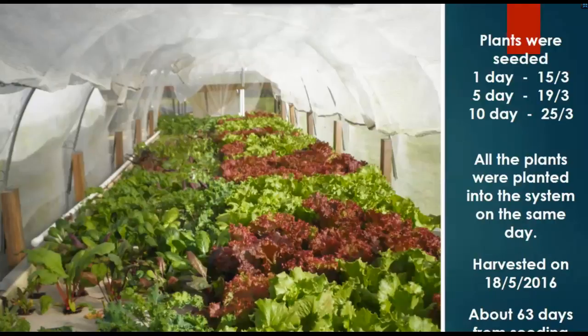So in this trough, we've planted all the seeds that were exposed to the fields for 1 day, 5 days, and 10 days. We planted them all on the same day into that system, and they were all then harvested on that same day as well.